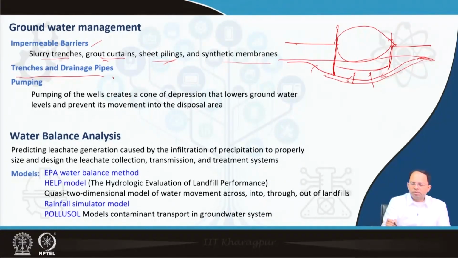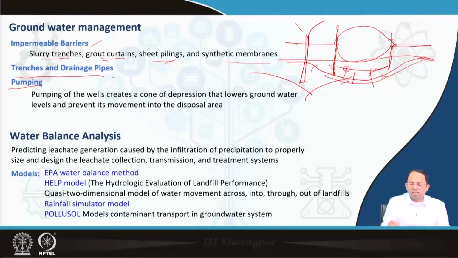Trenches and drainage pipes: we can also put in some trenches inside and put drainage pipes so that the water that comes inside can eventually be drained. Then the final method is pumping. Earlier, in my other NPTEL course, we have learned about pumping. Whenever we pump water, the groundwater table bends.